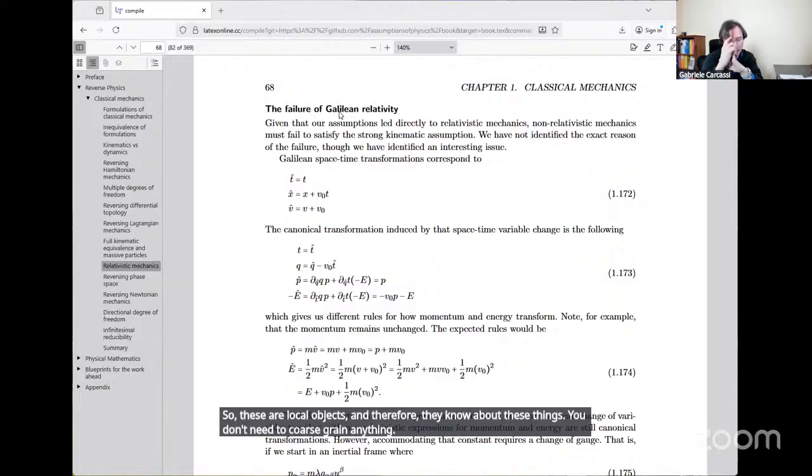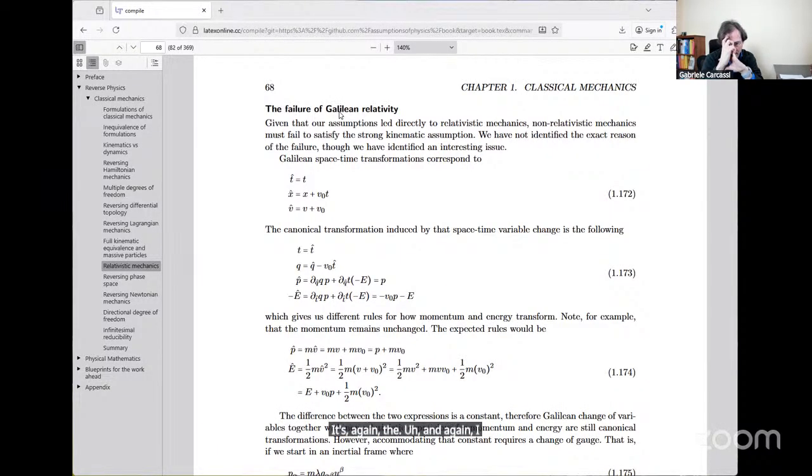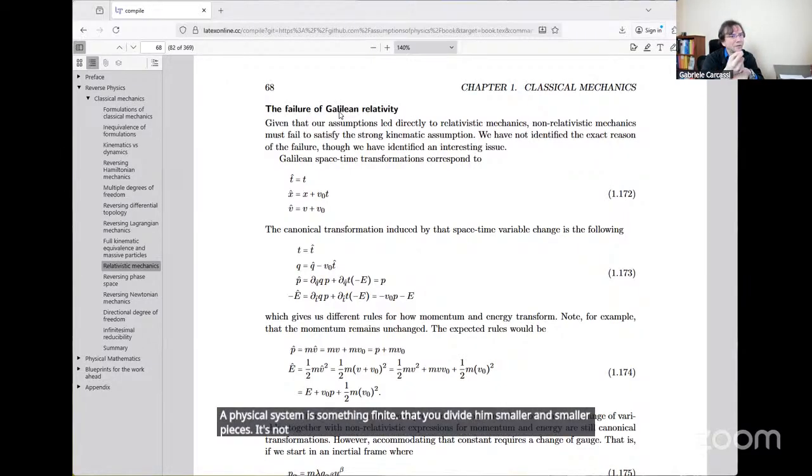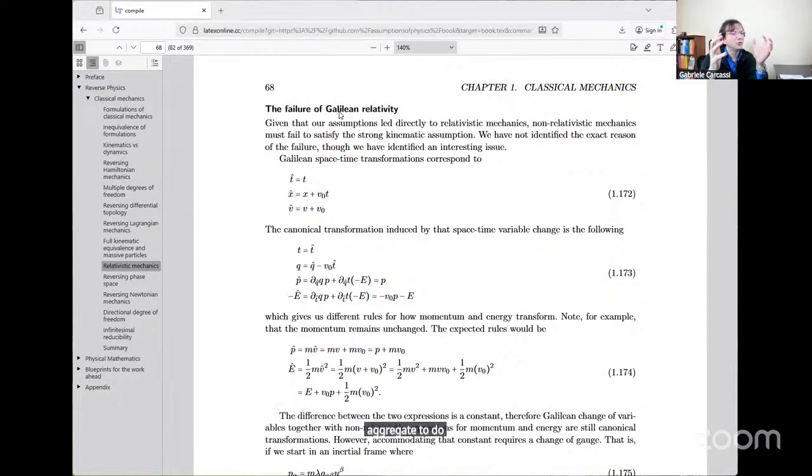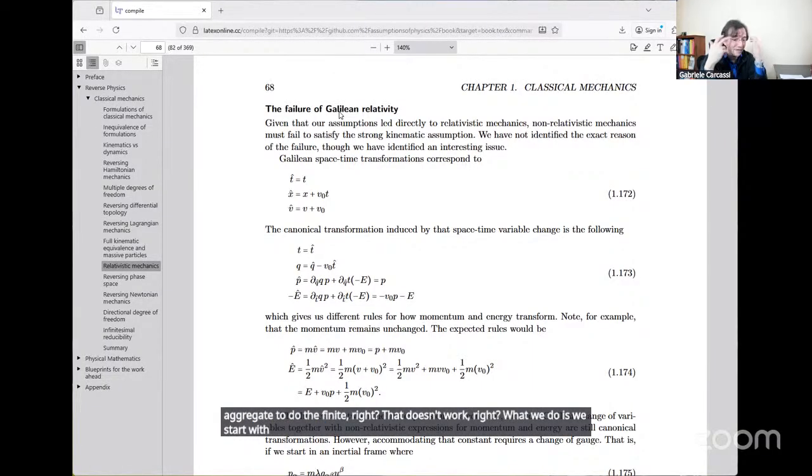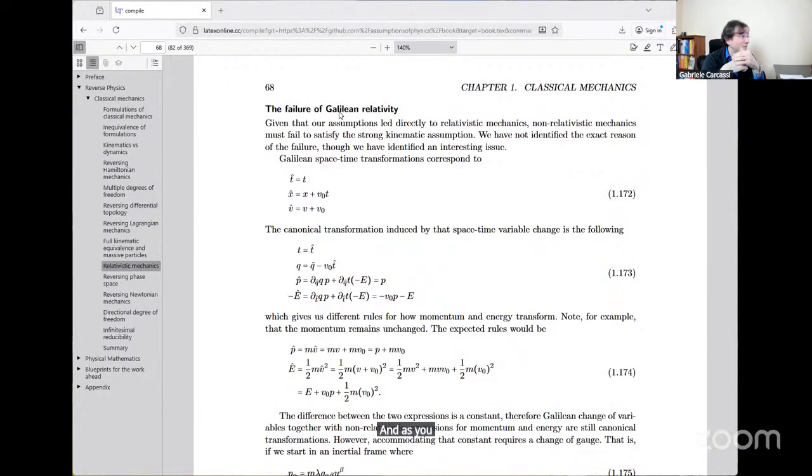Again, I think we discussed it a long time ago. A physical system is something finite that you divide into smaller and smaller pieces. It's not something where you start at points and then aggregate to get the finite; that doesn't work. What we do is start with finite things and assume we can make these finite things smaller and smaller. We never measure the density.